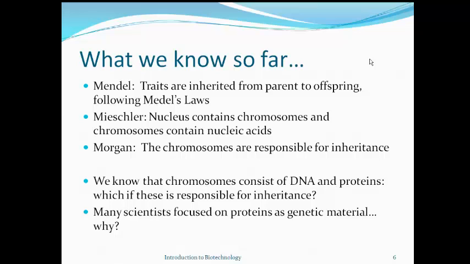Now, we know that chromosomes consist of DNA and proteins. Which of these is responsible for inheritance? At this point we knew that there was something called DNA and there were proteins in here, but we didn't really understand which part of these were responsible for inheritance. And many scientists had focused on proteins as the genetic material.